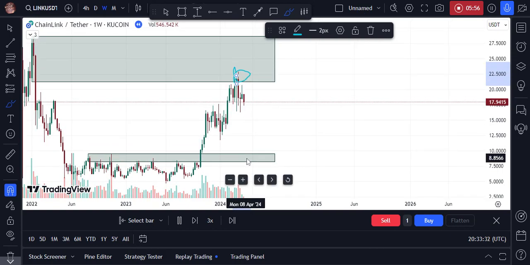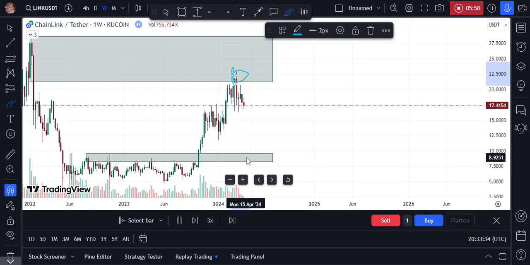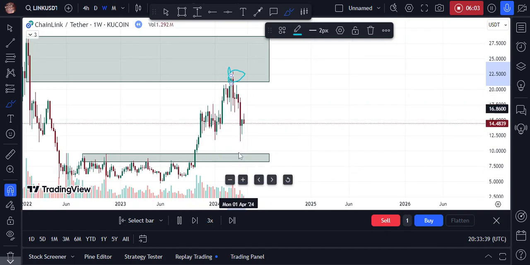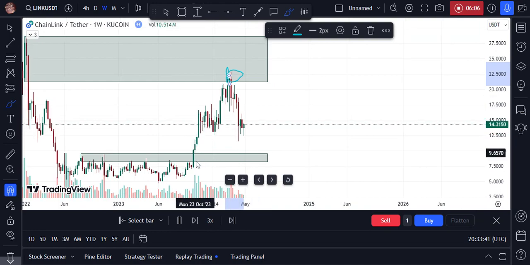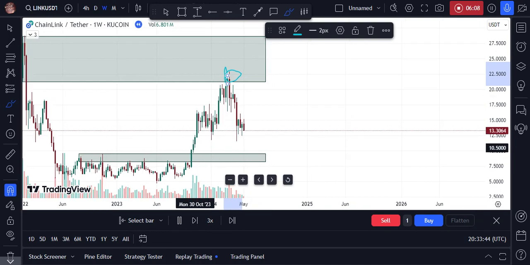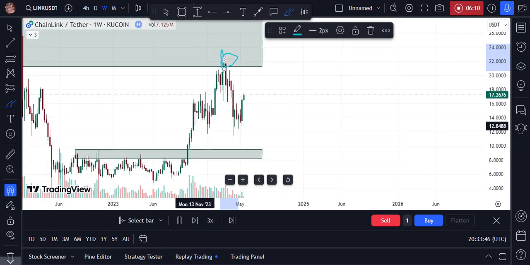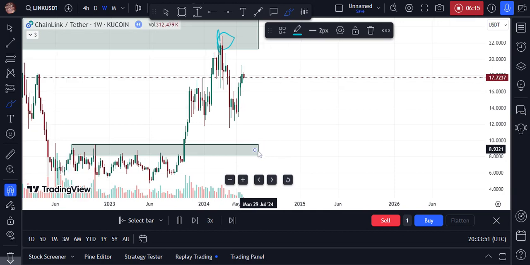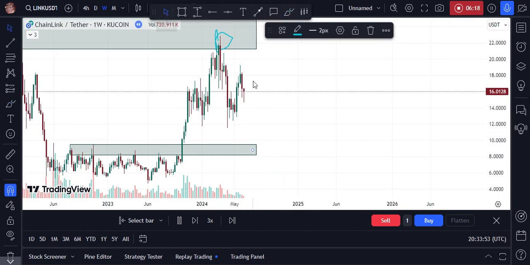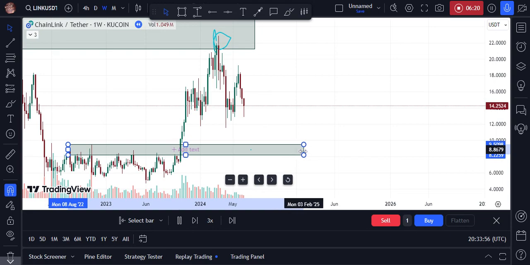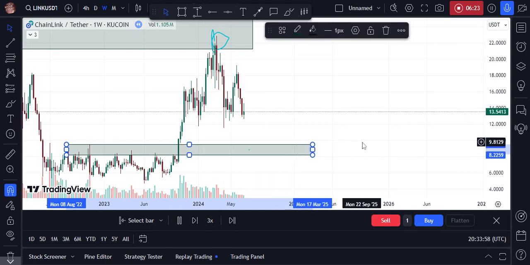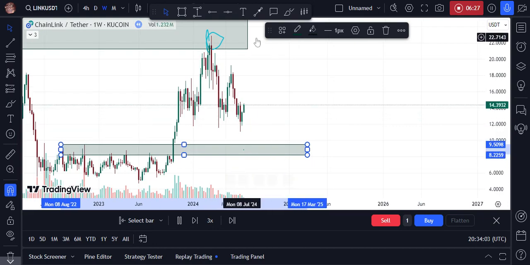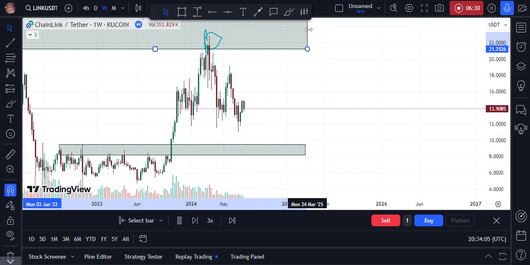It will come back to this zone for a retest to authenticate this breakout, and until there is this retest, this zone will not be authenticated. Price must always come back to retest this zone before it can continue in the upward trajectory.